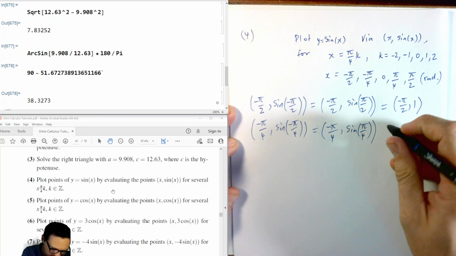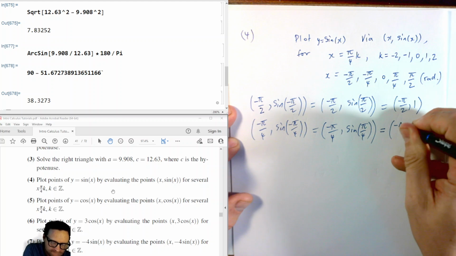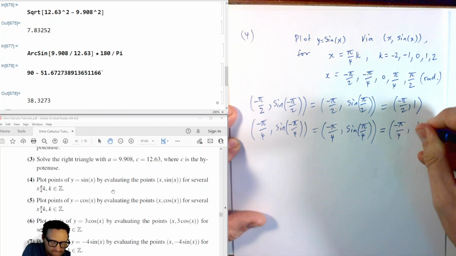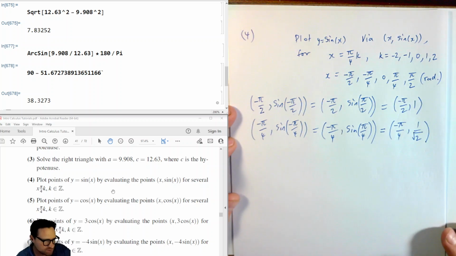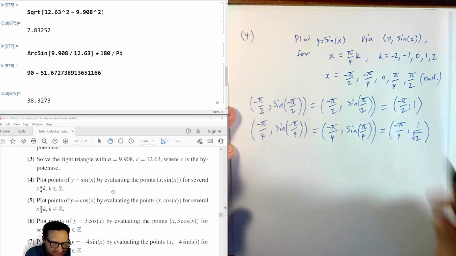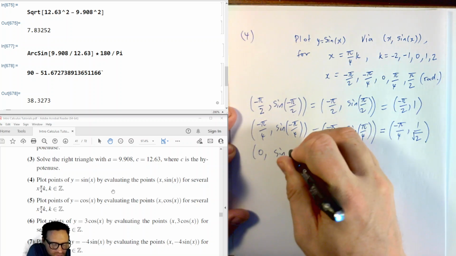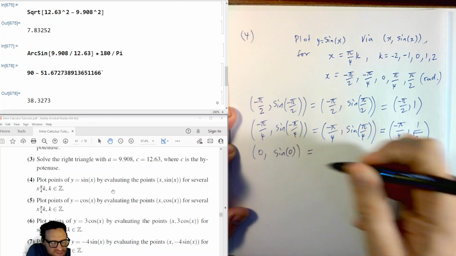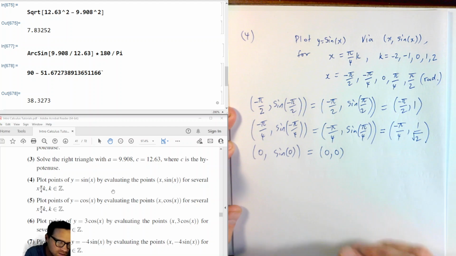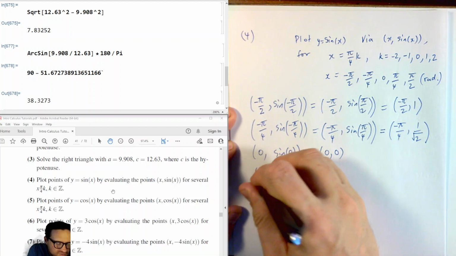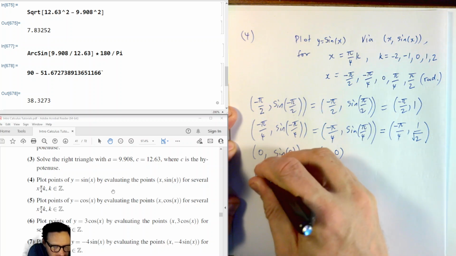Sine of pi on 4 is sine of 45 degrees, and this is 1 on root 2, or root 2 on 2. Okay, next, x is 0, so we've got 0, sine of 0. But sine of 0 is 0, so we've got the point 0, 0. Sine of pi on 4, we've already calculated that, it's 1 on root 2.